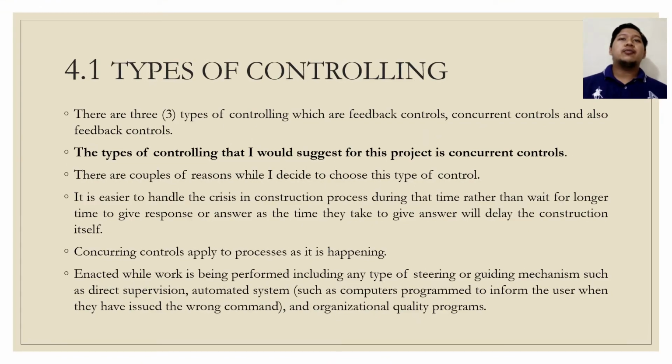Okay, moving to the main topic, which is the types of controlling, as in the question. The question asks us to suggest a type of controlling that we use in the project. As we all know, there are three types of controlling, which are feedback controls, concurrent controls, and feed forward controls. The one that we decided to choose is concurrent control.